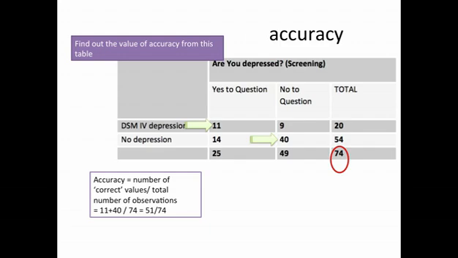As you can see, 11 subjects are testing positive for the gold standard test, which is the DSM-4 depression test, and they're also testing positive for the screening question. So these are true positives. 40 patients are testing negative for the screening instrument, and they don't have depression as well from the gold standard. So these are true negatives. If we add 11 and 40, the two true values, and divide it by 74, the total number of people in the sample, we will get the value of accuracy.